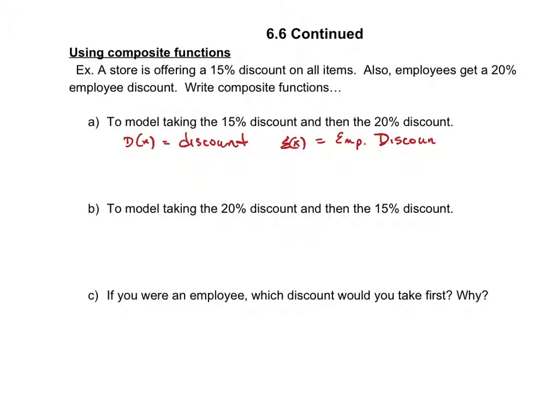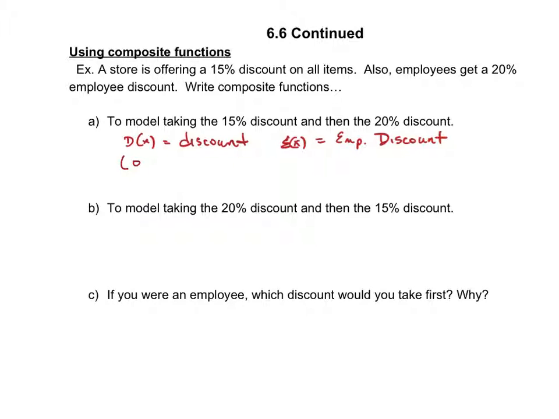And now what would we do from there? If I were to take the regular discount, it would be 100% minus 15% times whatever the price is, which is the same thing as 0.85x.